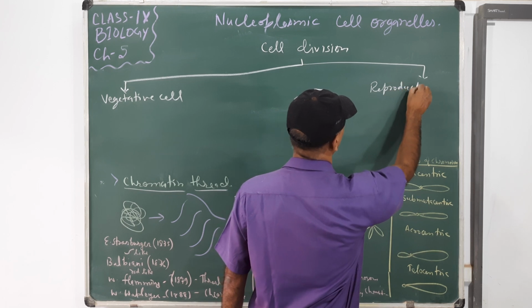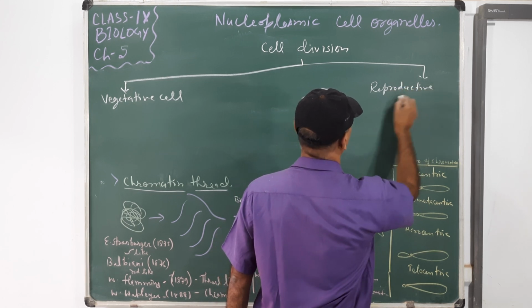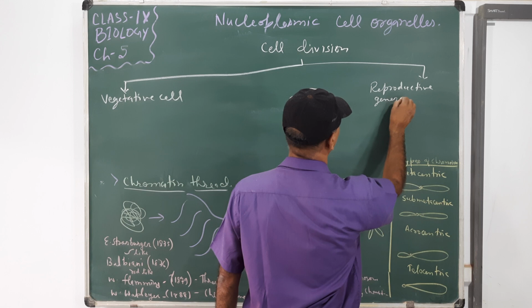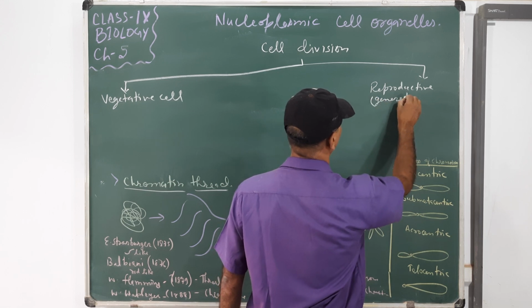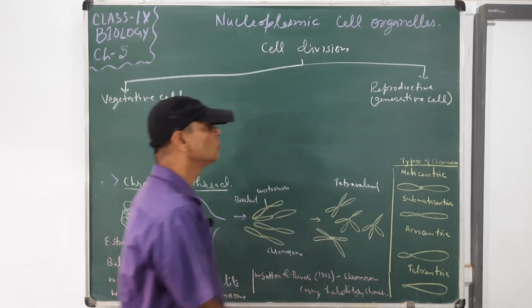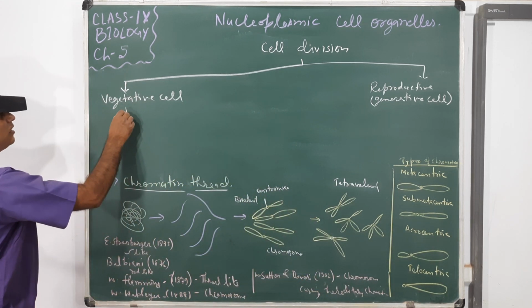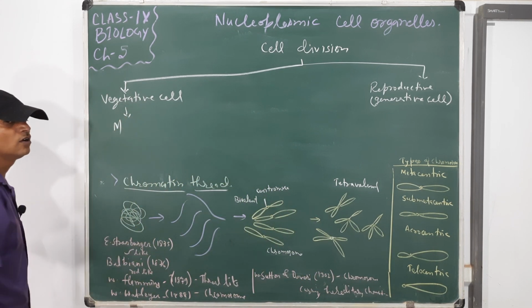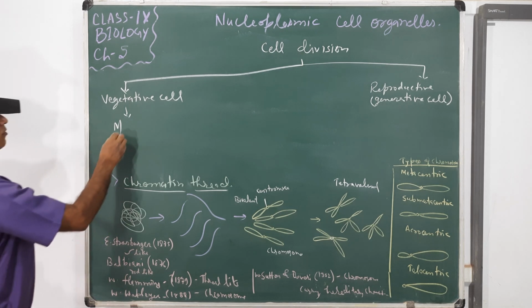In the vegetative cell there is a division, that is mitosis.